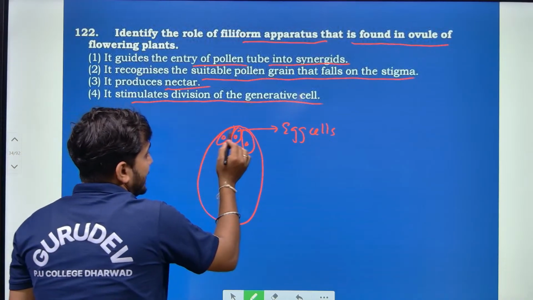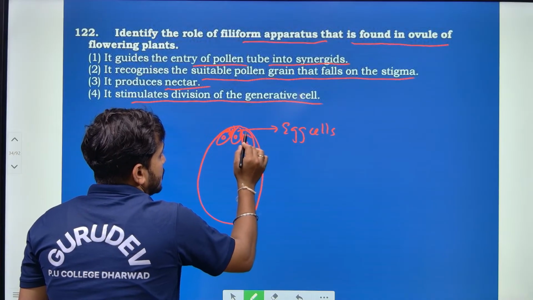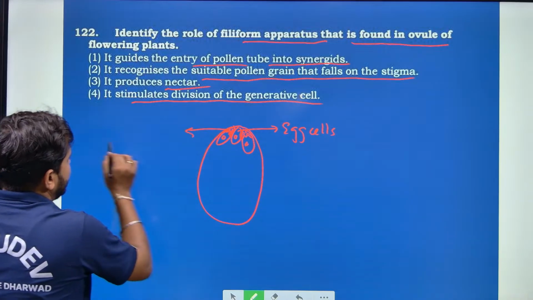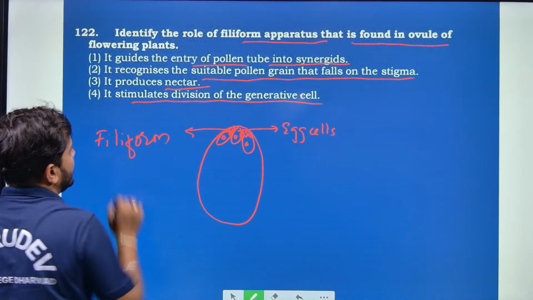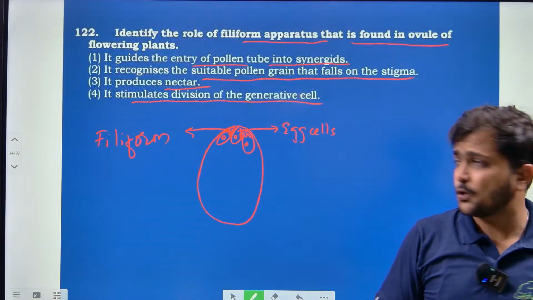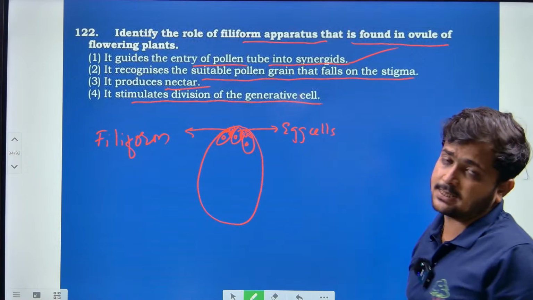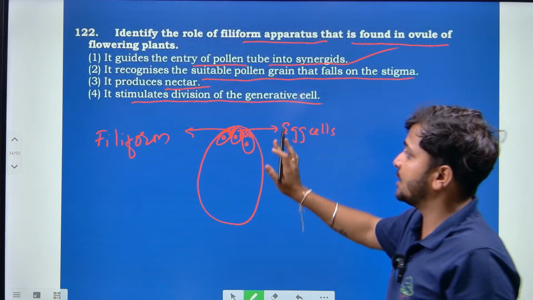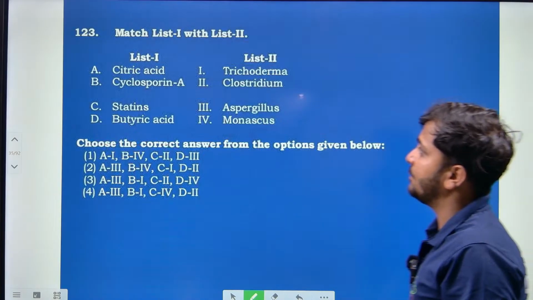At the synergids, we find wall thickenings towards the micropylar end, and that itself is called the filiform apparatus. That filiform apparatus guides the entry of the pollen tube into the synergids, so that the male gamete can reach the female.